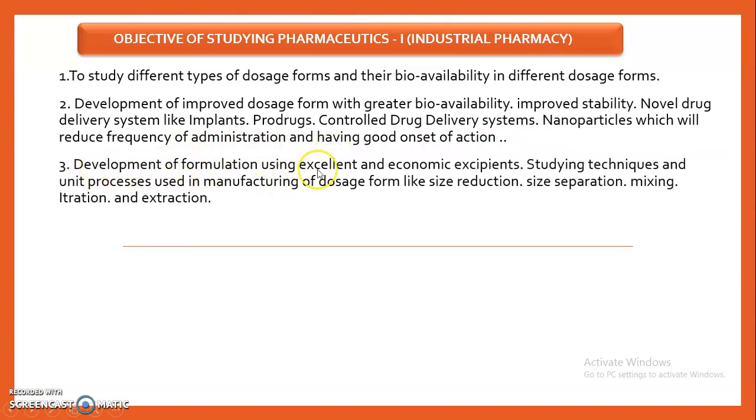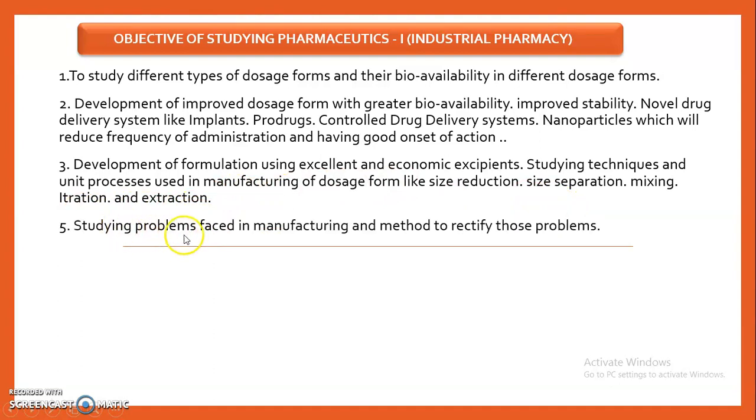Development of formulation using excellent and economic excipients, studying the techniques and unit processes used in the manufacturing of dosage forms like size reduction, size separation, mixing, titration and extraction.